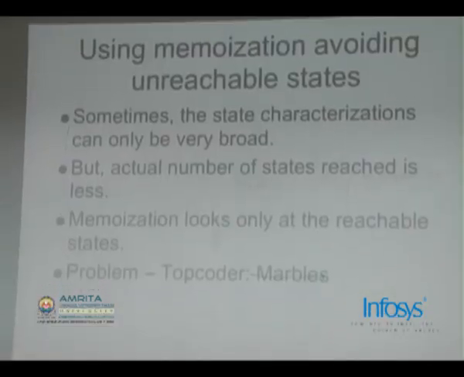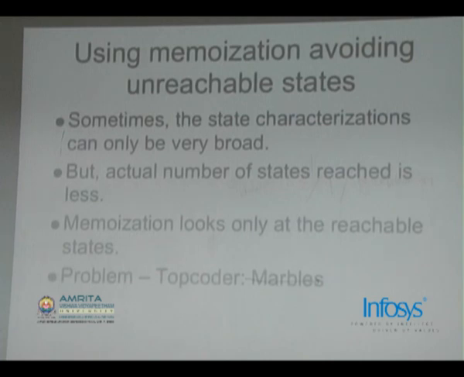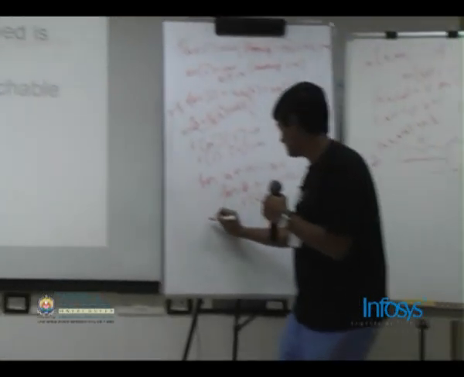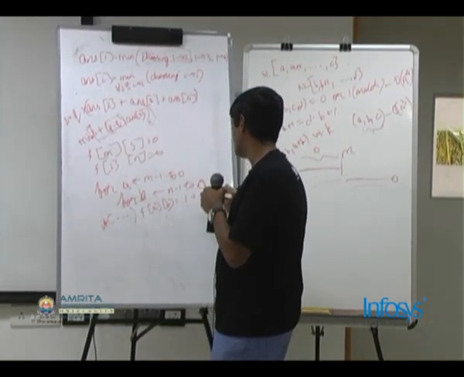The next topic I'm going to cover is using memoization to avoid unreachable states. So first, what is memoization? The code that we just wrote is called a bottom-up way of coding this problem, because we already know the values of the states that we are going to reach. f a b equals 1 plus f a plus 1 b plus 1.